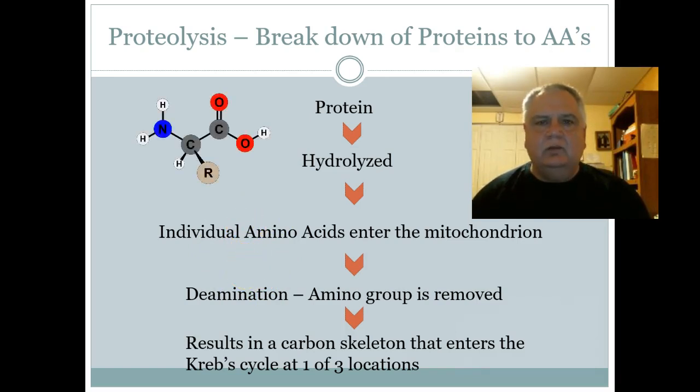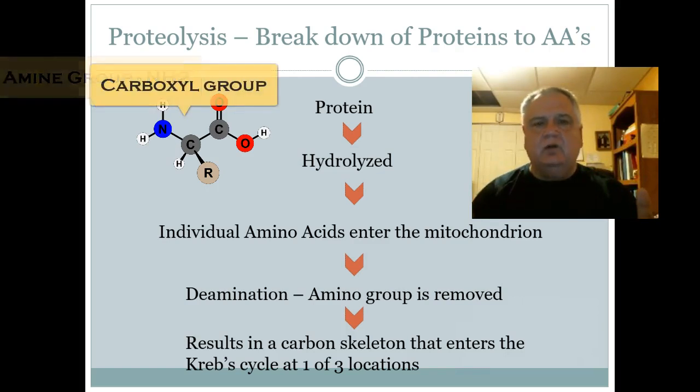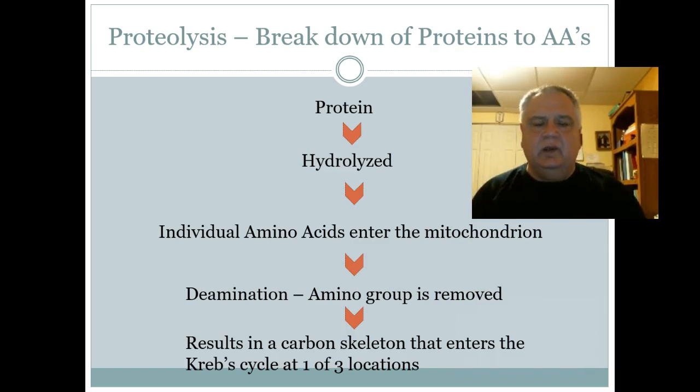If you recall, amino acids have a central carbon. They have an amine group on one side and a carboxyl group on the other side of the centrally located or alpha carbon. And in order for the amino acids to be used for cellular respiration, the amine group has to be removed.